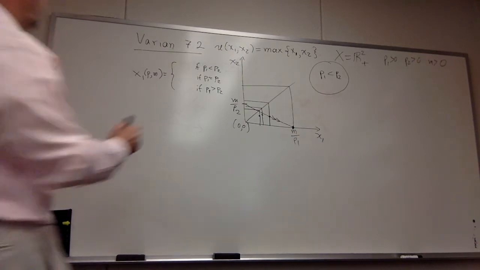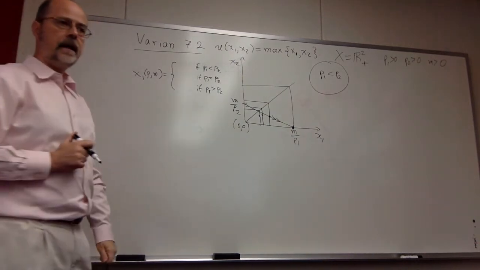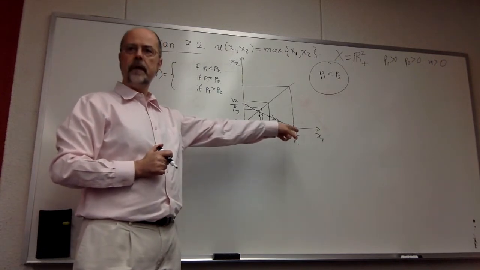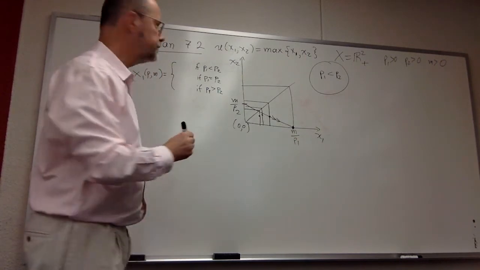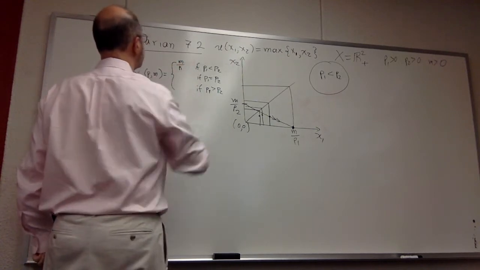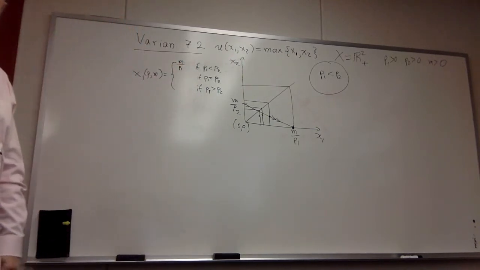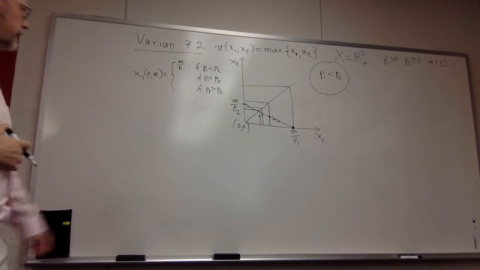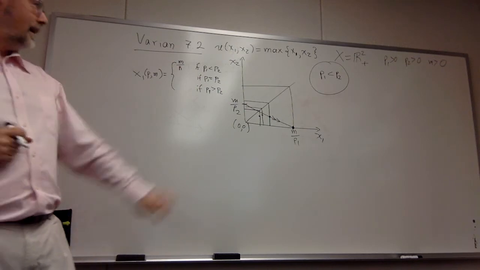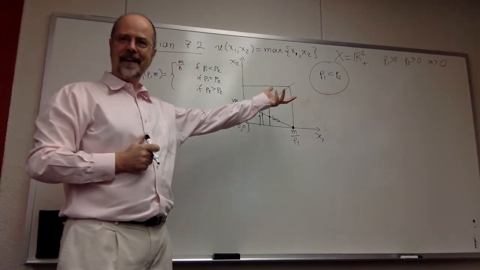Okay, so I have an answer here. What is the answer? M over P1 if P1 is less than P2. Everybody agrees? Now down here, if P1 is bigger than P2, I can flip this, right?